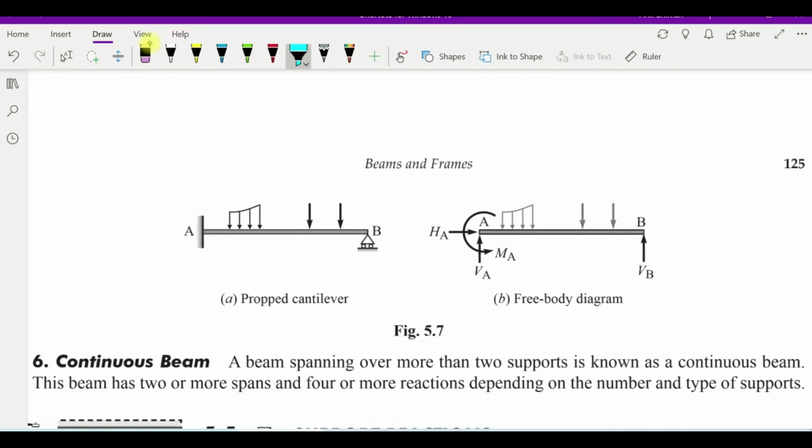So this is a propped cantilever. A propped cantilever has one end fixed and the other end simply supported or roller. The roller support will develop one vertical reaction and the fixed support will develop one vertical, one horizontal and one moment, a total of three reactions. So the total number of reactions developed in the case of a propped cantilever will be 4.